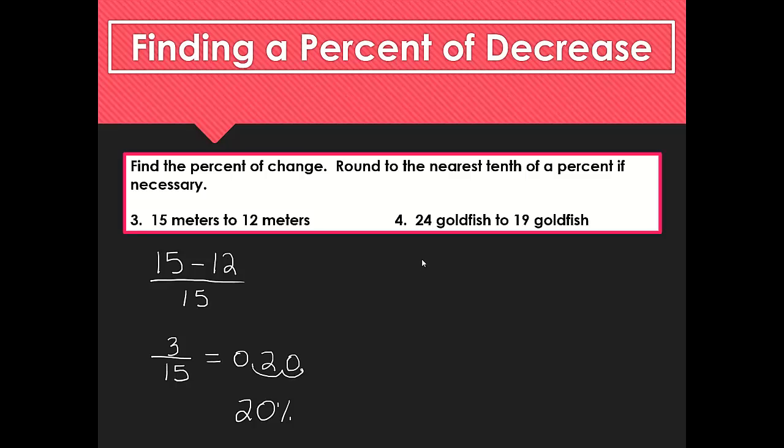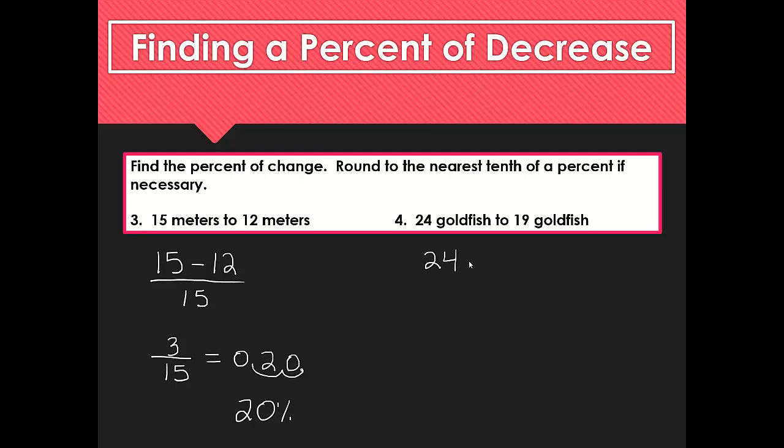Now for number 4, we have 24 goldfish to 19 goldfish. You can see again that we are decreasing from 24 to 19. So for the percent of decrease, we start with our original amount, which was 24.